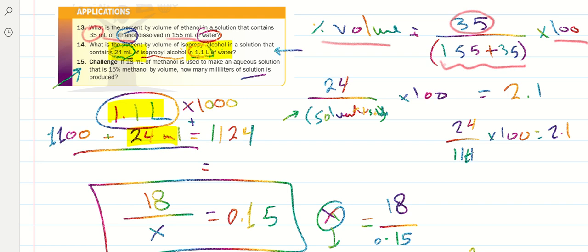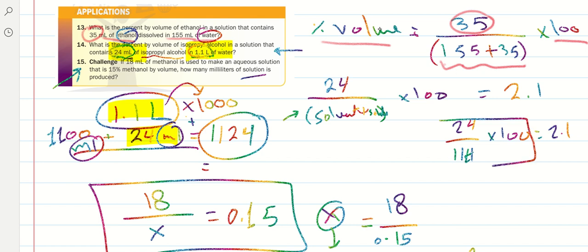So first I have to convert from liter to milliliter by multiplying by 1000. Then now I have milliliter and milliliter, then I can add. After you add them, you can just put them in the formula and get the percent by volume. So this is another tip. You have to convert so the units will be the same.